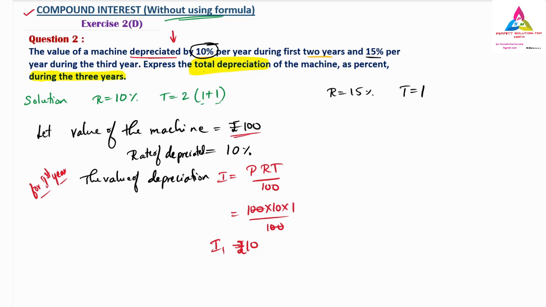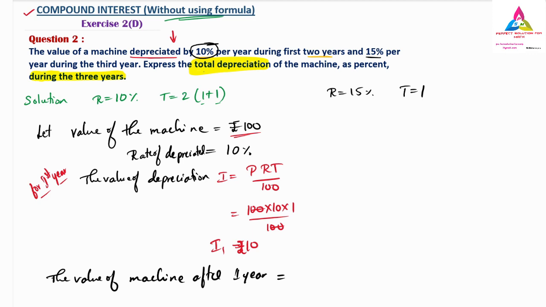The next thing we have to do is find the value of the machine after 1 year. See, here I have informed you that after 1 year it is like an amount. The formula is amount is the principal amount plus the interest, but here it will not be that way.